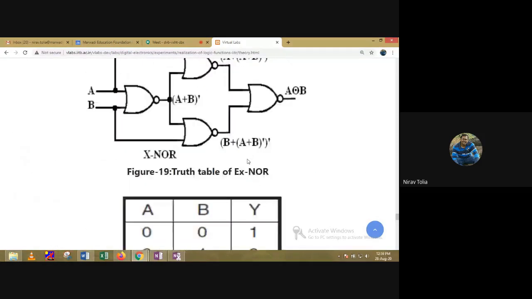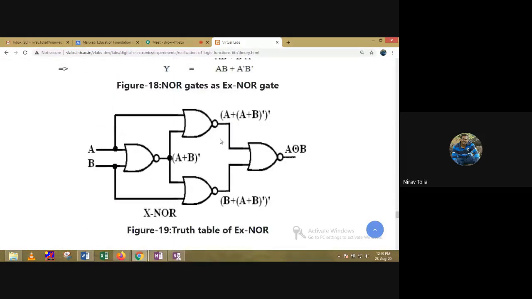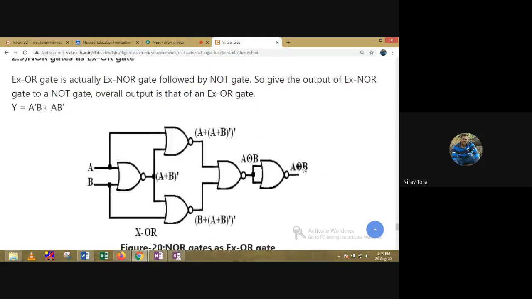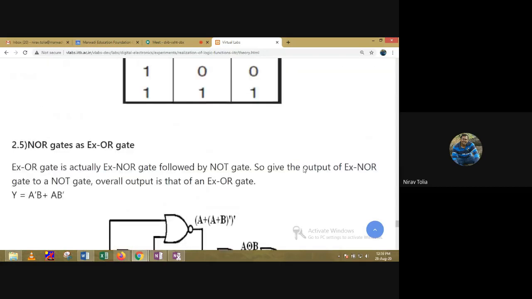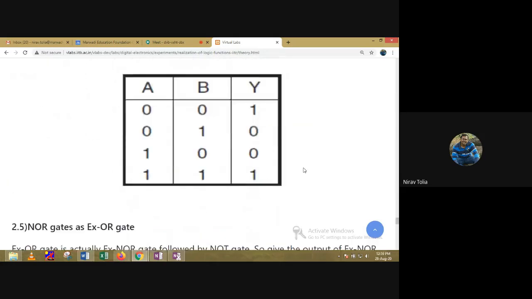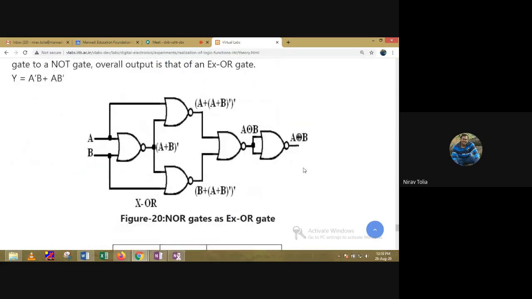So what we are doing, this is the different thing, reciprocal of the NAND gate. Now I am connecting an extra NOR gate after the exclusive NOR gate, then it becomes the exclusive OR gate. See, there is nothing different in the figure. So this is the figure. Now instead of 4 gates, we have 5 gates with us.